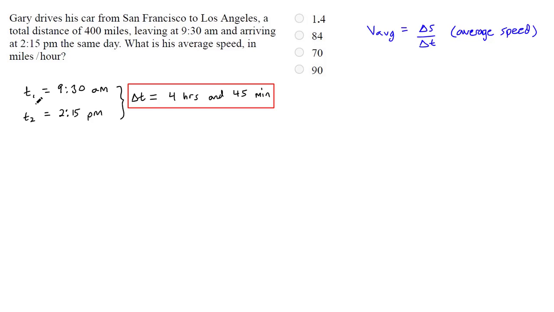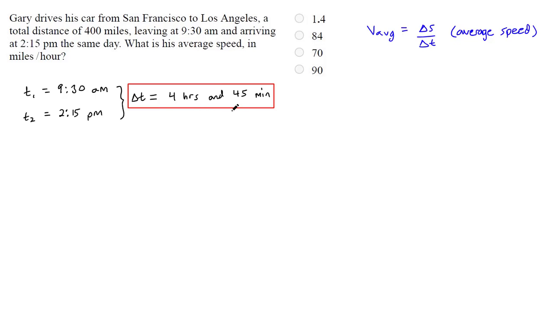The first time that we have is 9:30 a.m. and the second time we have here is 2:15 p.m. So delta T is just the change in these two times. So from 9:30 a.m. to 2:15 is a total change in time of 4 hours and 45 minutes.